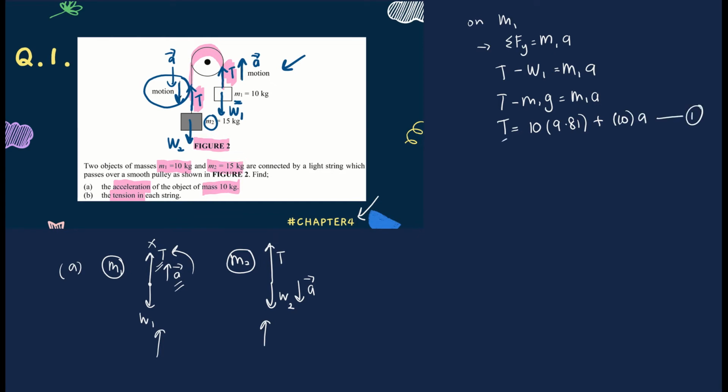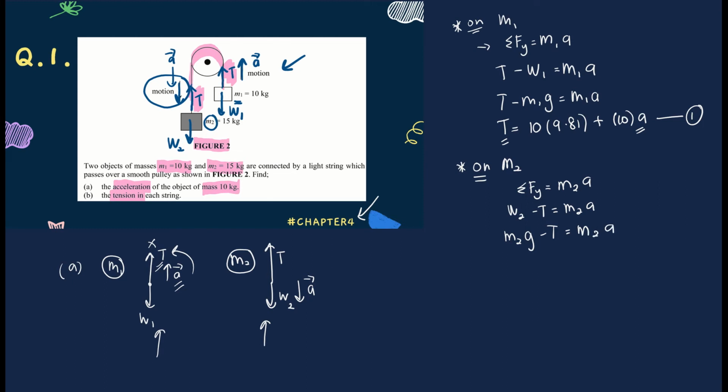In this equation, we have two unknown parameters, tension and acceleration. Now we solve forces on M2. Again, we start with summation of Fy is equal to M2A. So the equation is W2 minus T is equal to M2A, so M2G minus T is equal to M2A.